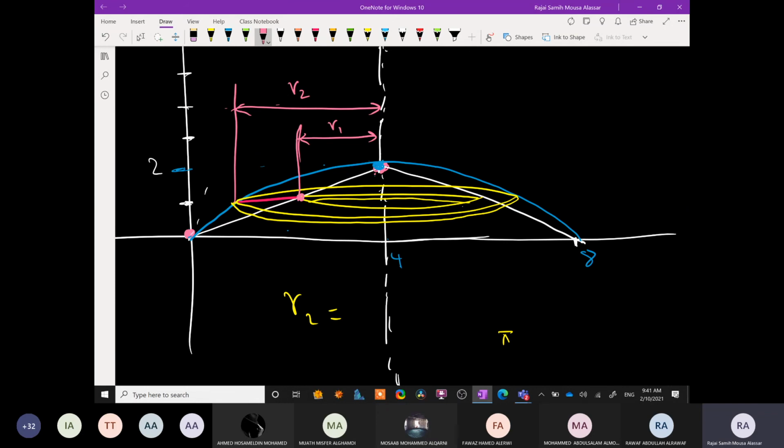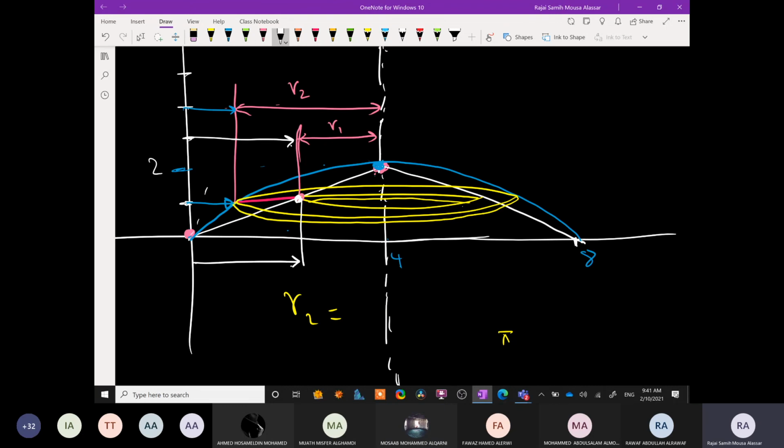Now, from here to here is exactly the x value of this blue function, isn't it? And from here to here is the x value of the white function, isn't it?